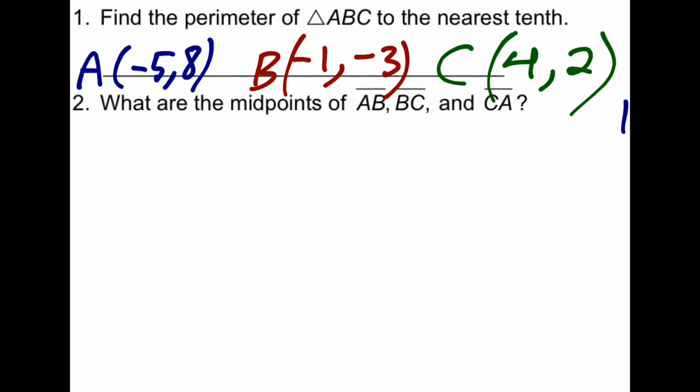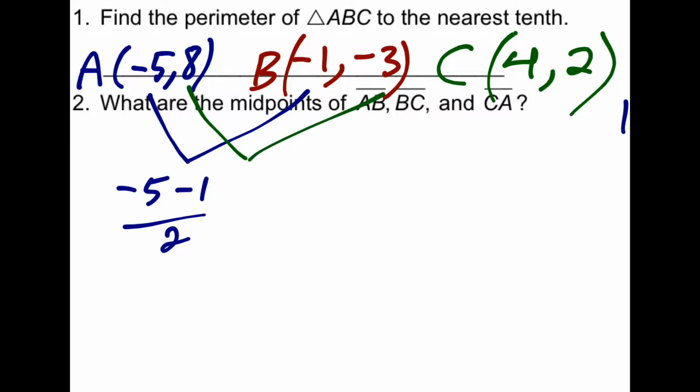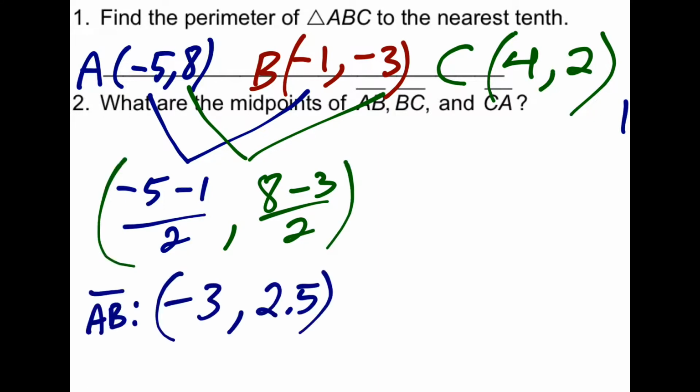So to find the midpoint of any of these segments, we can just average their x coordinates together. Here we take negative 5 minus 1 and halve it, and average the y coordinates together. So we would take 8 minus 3 and halve it. So for AB, my midpoint is negative 3, 2.5.